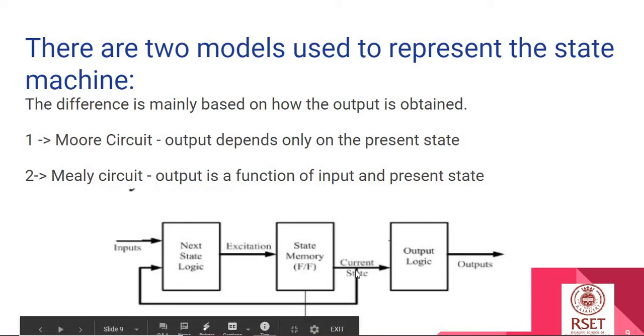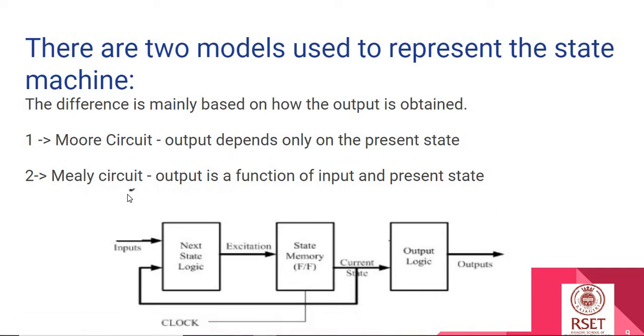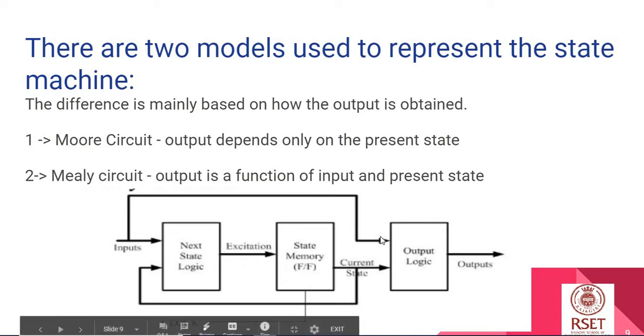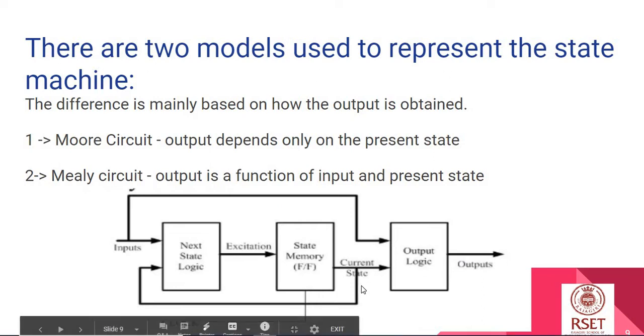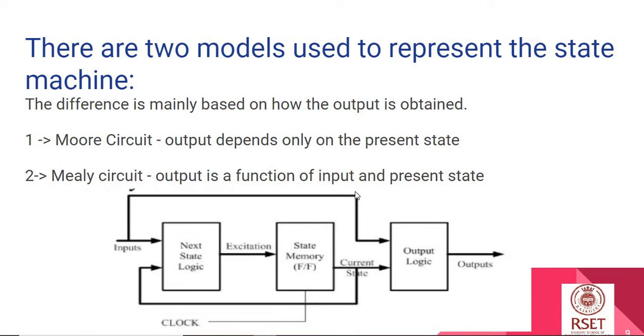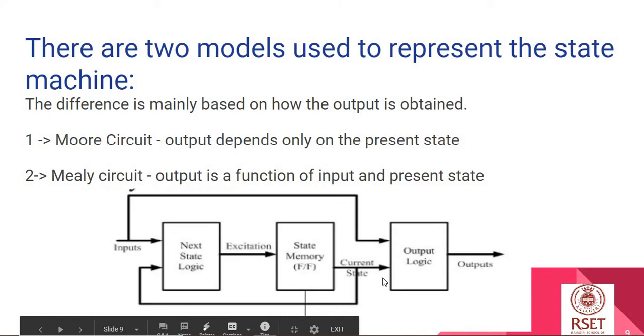While in a Mealy circuit, when we provide an input, the input also has an effect on our output directly. So for a Mealy circuit, the output is a function of input and the current state, while in Moore it depends only on the current state.